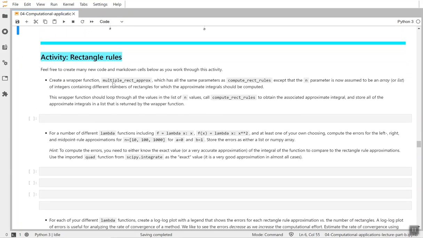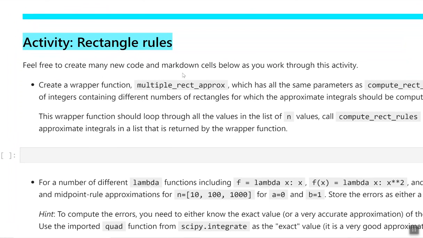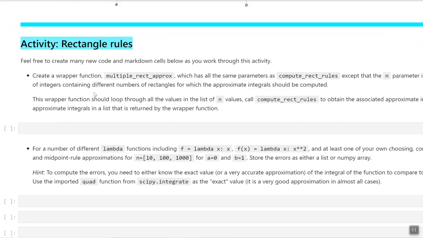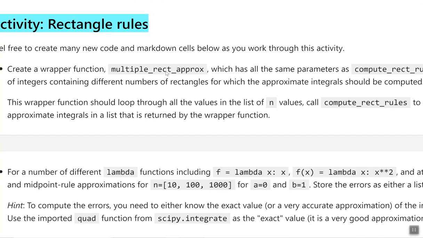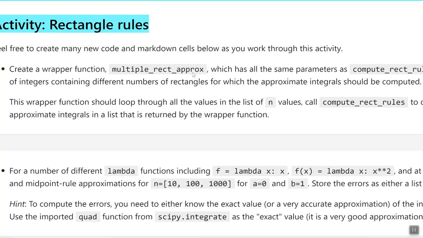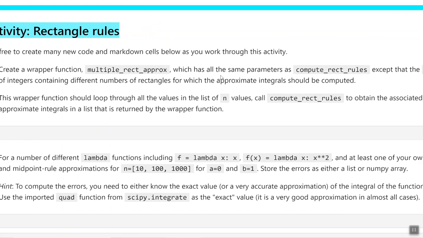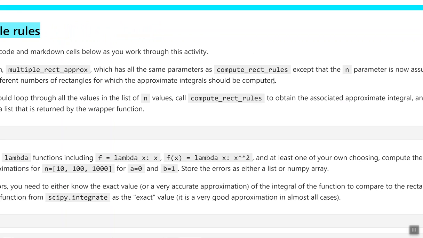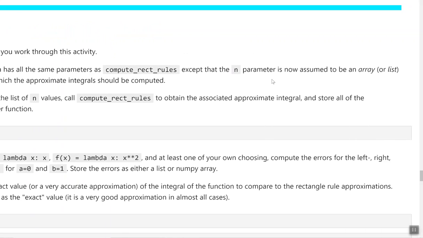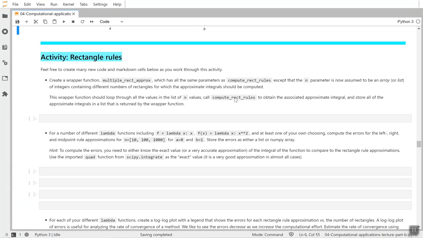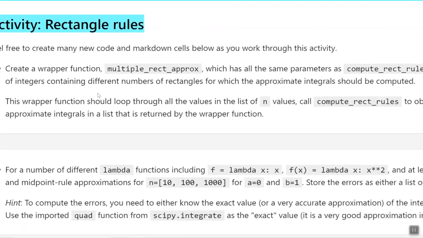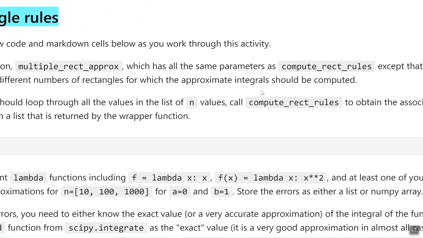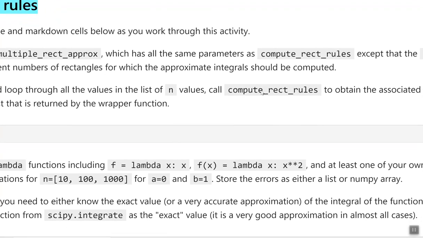So, okay, this leads us to an activity on rectangle rules. You should feel free to create many new code and markdown cells below as you work through this activity. What I want you to do is create a wrapper function called multiple_rect_approximation, which has all the same parameters as compute rectangle rules, except that the n parameter is now assumed to be an array or a list of integers containing different numbers of rectangles for which the approximate integrals should be computed.